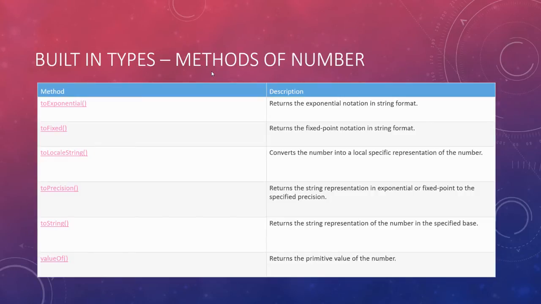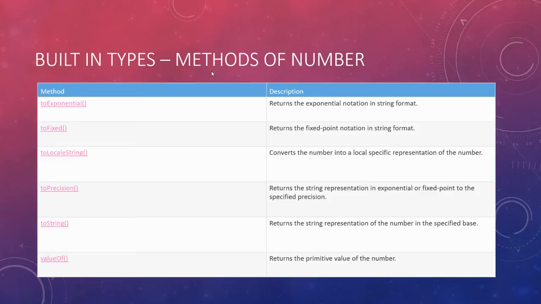There are different methods of the number data type, and we are showing a few of the methods which are available in TypeScript. First is toExponential, which returns the exponential notation of a number in string format based on the specified fraction digits. Second is toFixed, which returns the fixed point notation of a number in string format. Third is toLocaleString, which converts the number into a locale-specific representation.